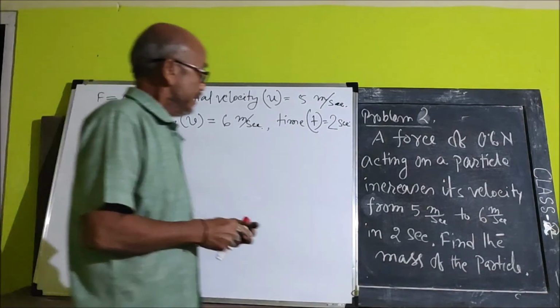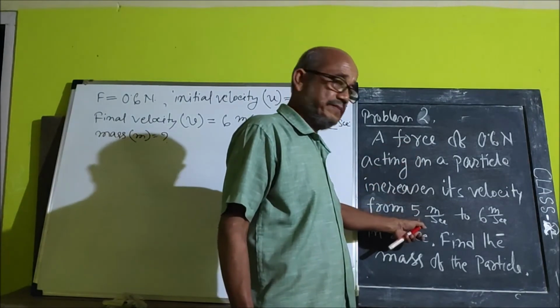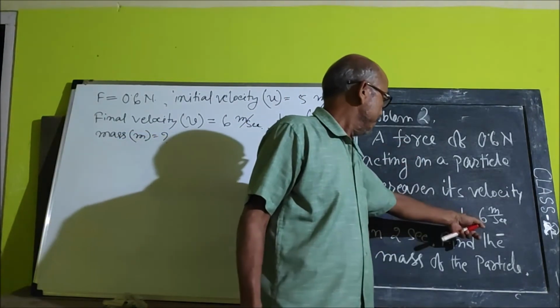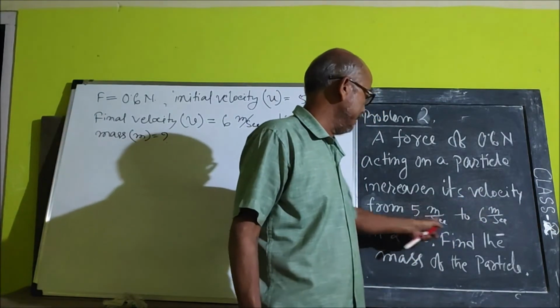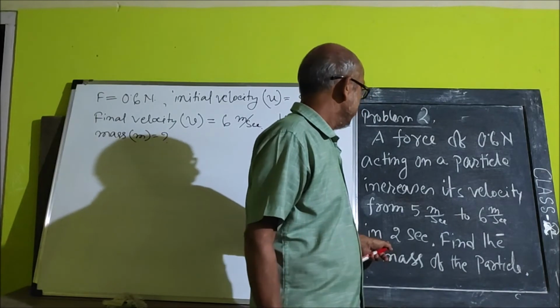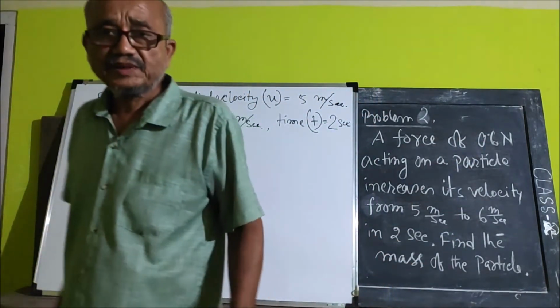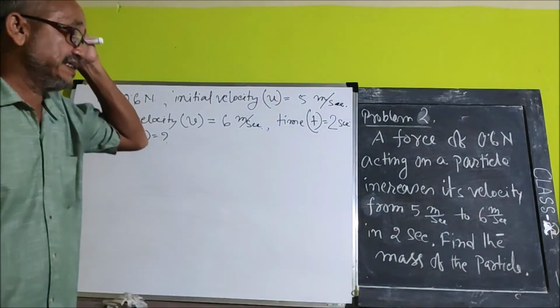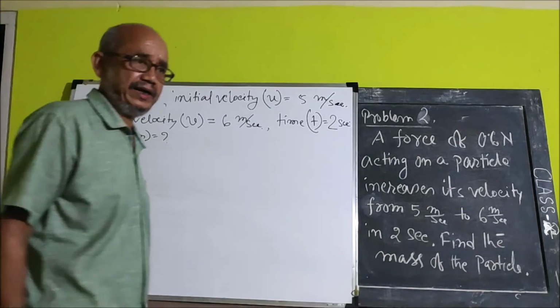It is the initial velocity first. After applying the force, this initial velocity increases up to 6 meters per second. So it is u, it is v, it is time t, and the other one is the Newton. Now we have to know what a Newton is, a very fine point.